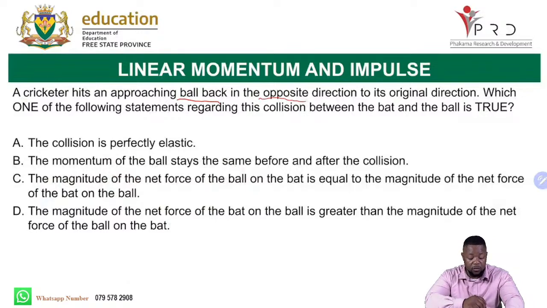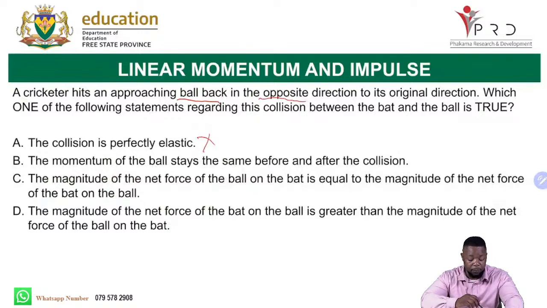Now, for us to know if a collision is perfectly elastic, we need to know if the kinetic energy is conserved. And when we look at the information given here, there is no way where we are told that the kinetic energy is conserved. Therefore, we cannot take this option.